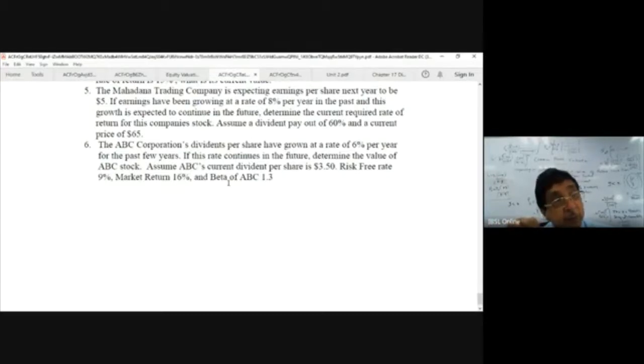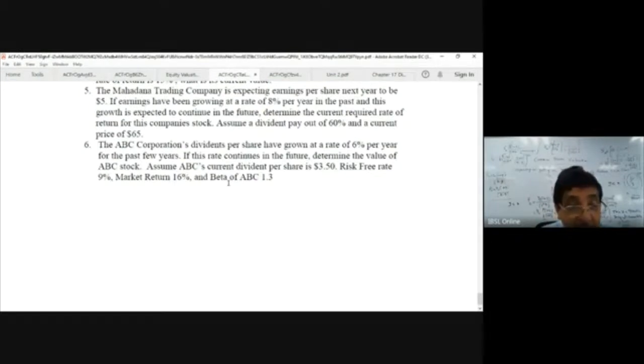We need the required rate of return also, but it is not given straightforwardly. We need to calculate it, but there is adequate data to calculate it using the capital asset pricing model. So the first thing you need to do is calculate the required rate of return, or equilibrium return, of the stock using the data available in the question. Just calculate the required rate of return of this stock.